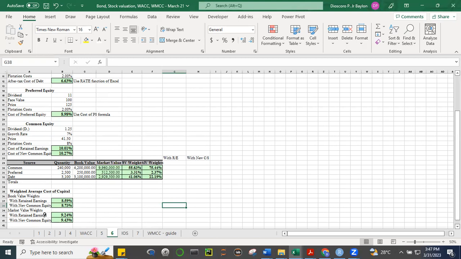Did you get these figures, yung WACC natin? If it's based on book value or based on market values? Hello, class.